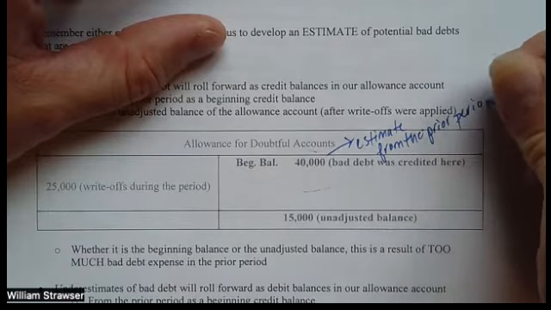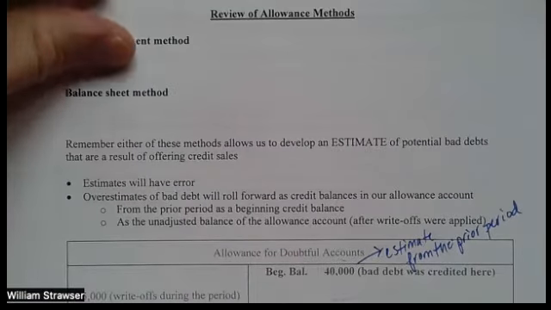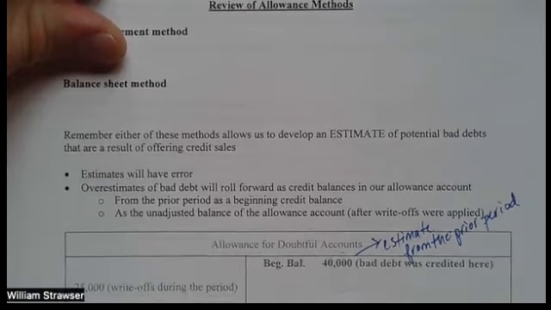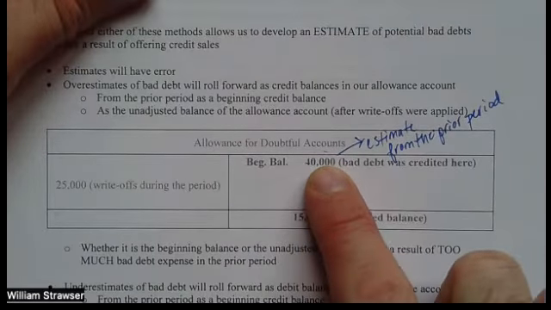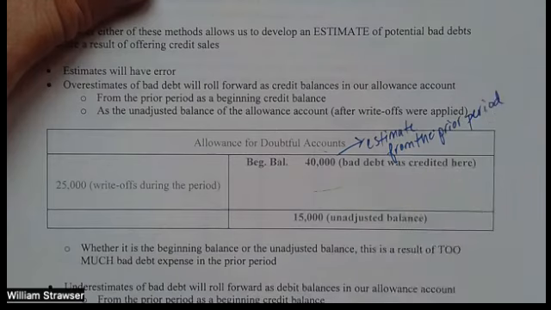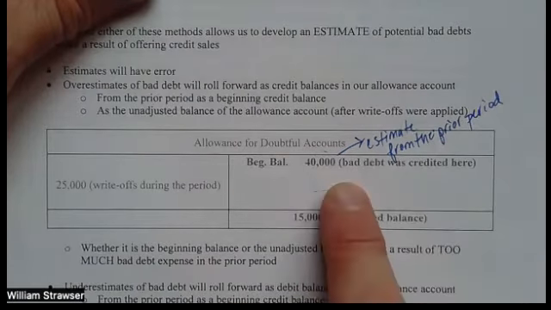So we took either our credit sales, if it was the income statement method, or our ending balance of our accounts receivable, if we were doing the balance sheet method, applied a percent to get this. And that was all from the end of the prior period. Now it's become our beginning balance.